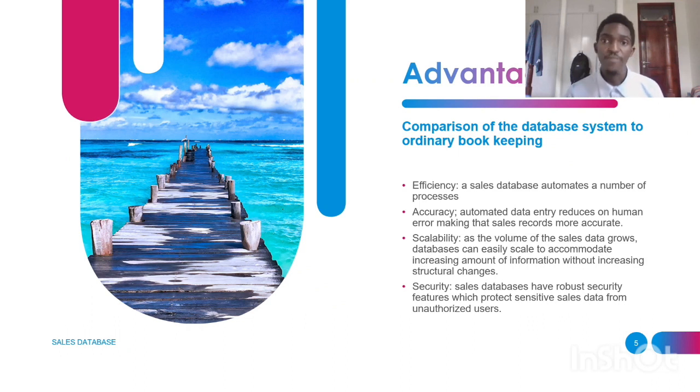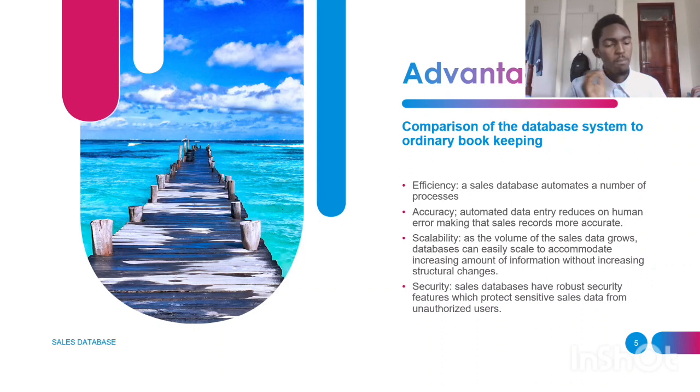The advantage of this database over ordinary bookkeeping, first of all, is that it's more efficient. When you have a database like this one, you will be putting in data and it will automatically be saved. You will reduce the cases of making mistakes when most of the things are automatic.